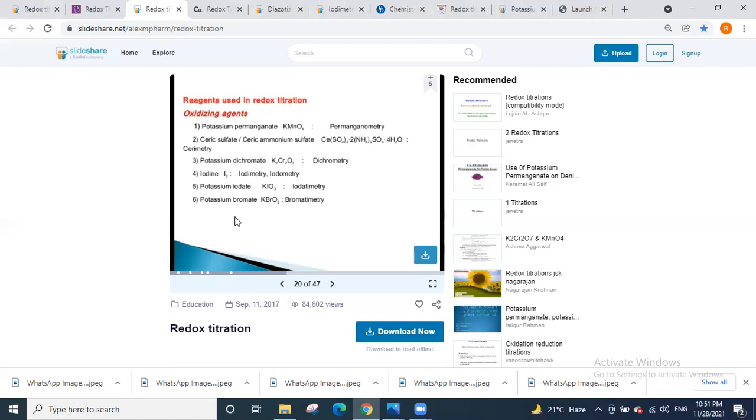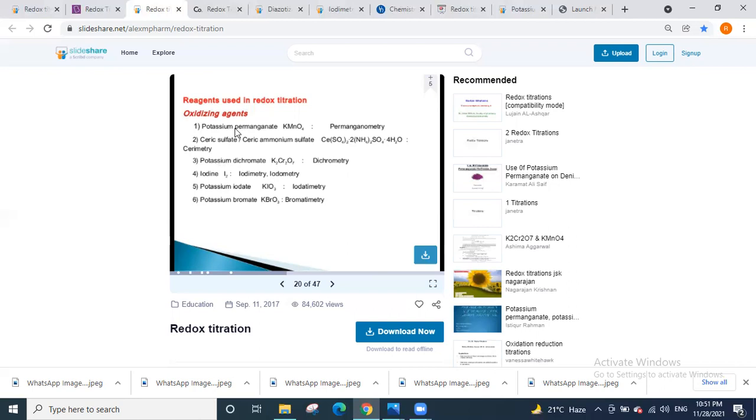We have a lot of different oxidizing agents, and also oxygen, which is a mild oxidizing agent. Mostly these oxidizing agents are used in redox titration as a titrant, that is a substance of known concentration. And on the basis of the titrant we use, we have different types of redox titration.